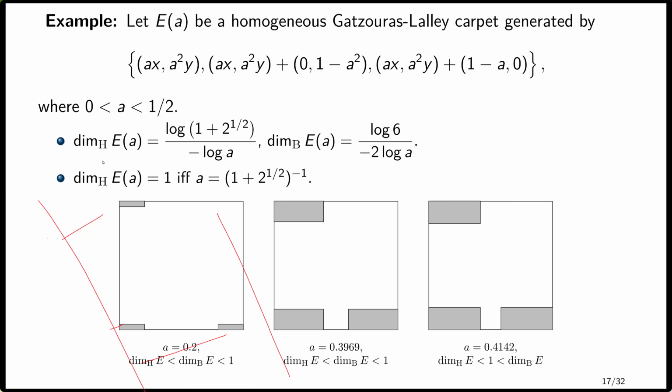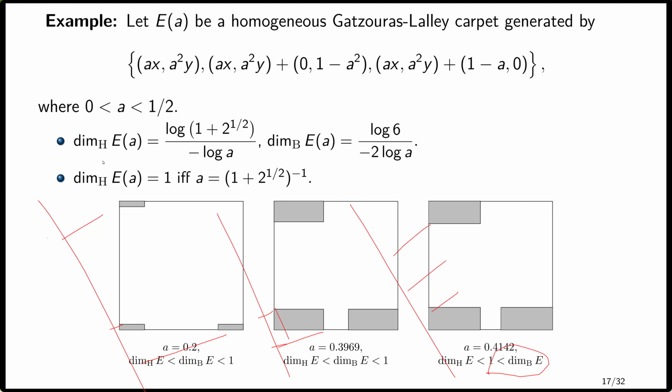Since it is bigger, but if we project it to a line, then it becomes quite shorter. And maybe the box dimension of the projection set is strictly less than the box dimension almost everywhere. And for the third case, the Hausdorff dimension is less than 1 and strictly less than the box dimension, we may guess that maybe the projection set has box dimension 1, but we don't know whether it is 1 or less than 1.